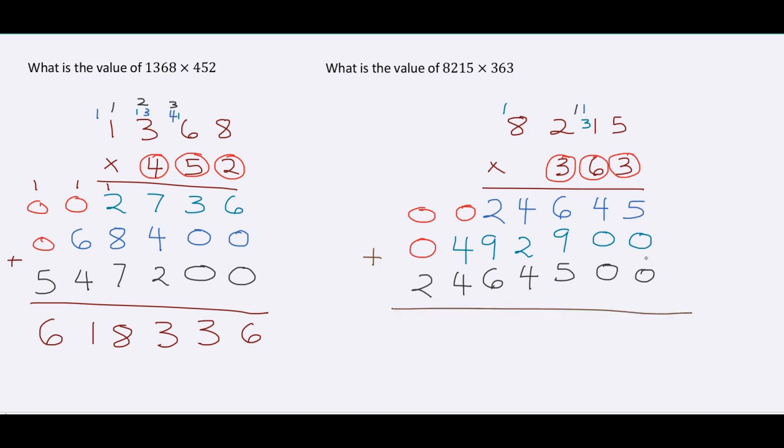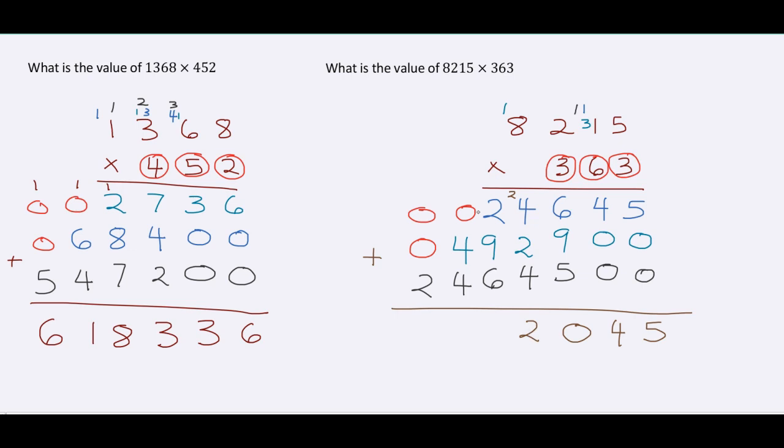5 plus 0 plus 0, that's a 5. 4 plus 0 plus 0, that's a 4. 6 plus 9, 15 plus 5, 20. So you put a 0 here, you bring up a 2. 2 plus 4, 6. Plus 2, 8. Plus 4, 12.